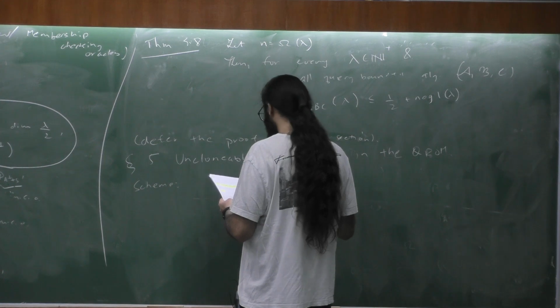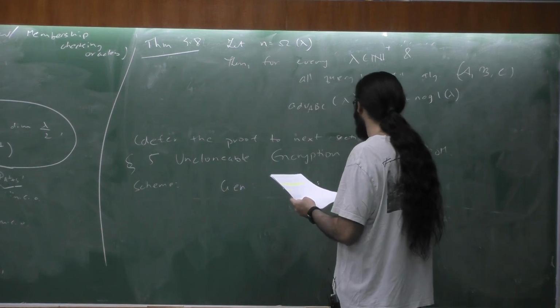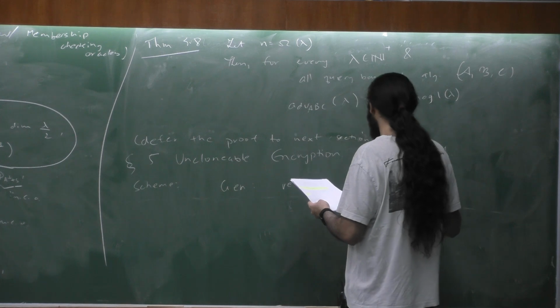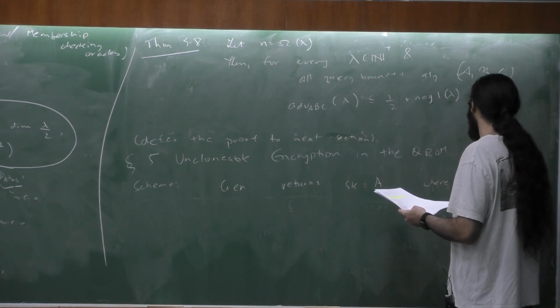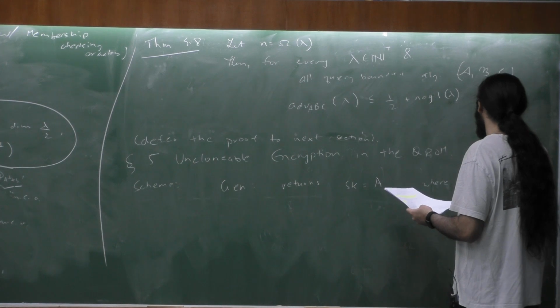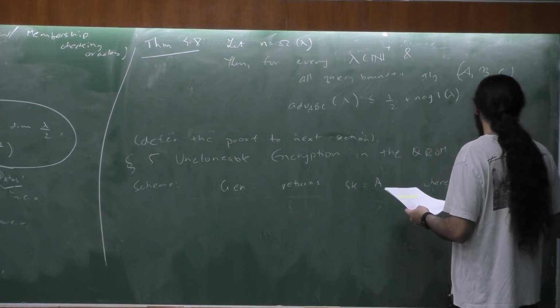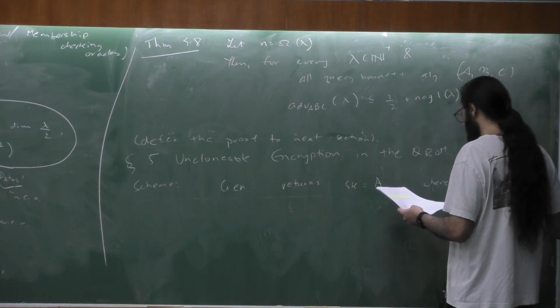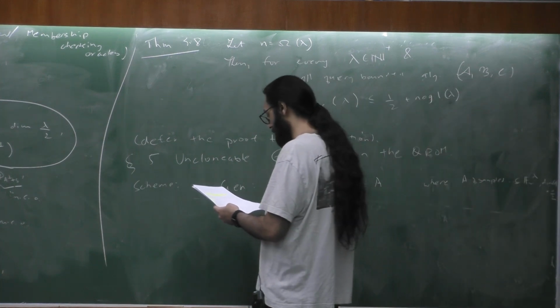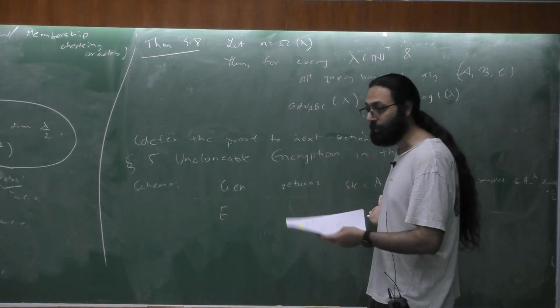It returns sk as A, where A is sampled from F2 to the lambda, a subspace of dimension lambda by 2. So the secret key is just the subspace.